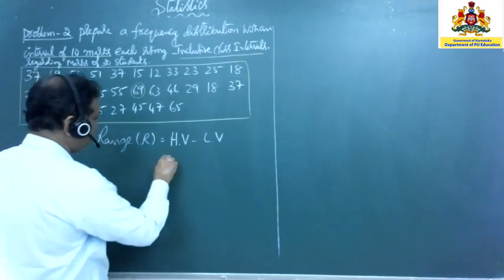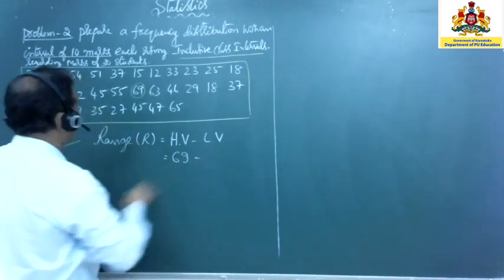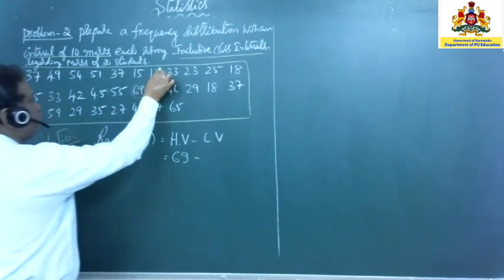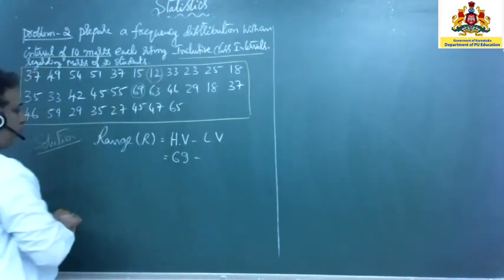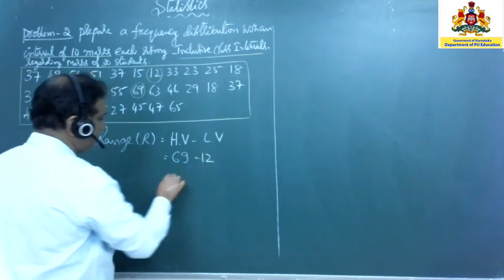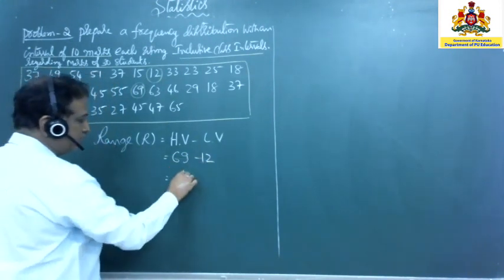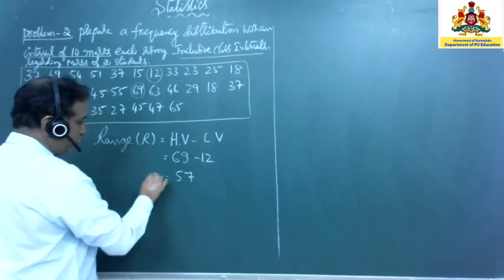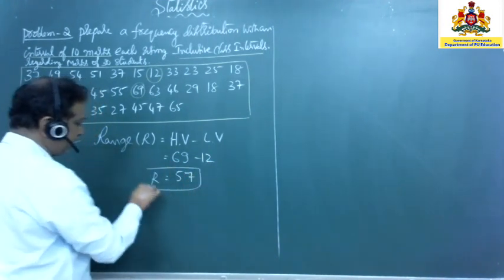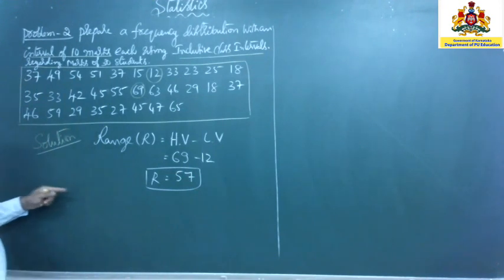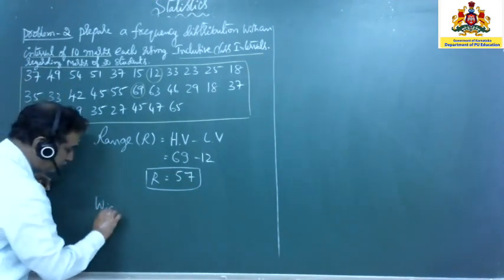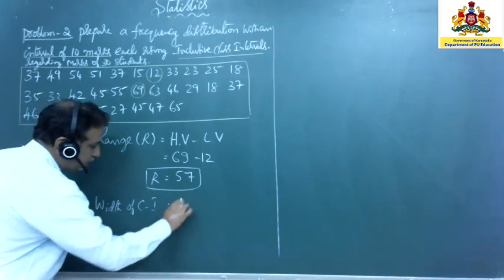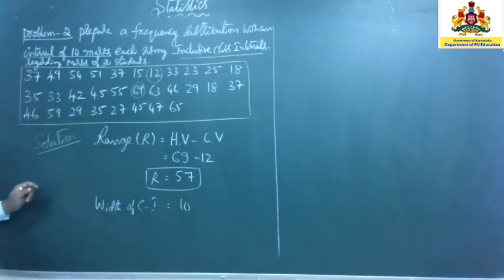And what about the least value? 12 is the least value. 69 minus 12 is 57, so 57 is the range. And also in this sum, the width of the class interval is given as 10.